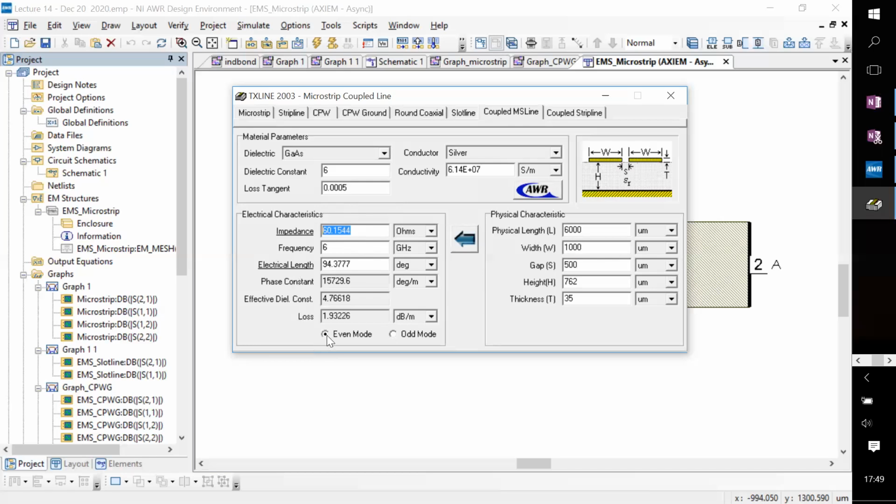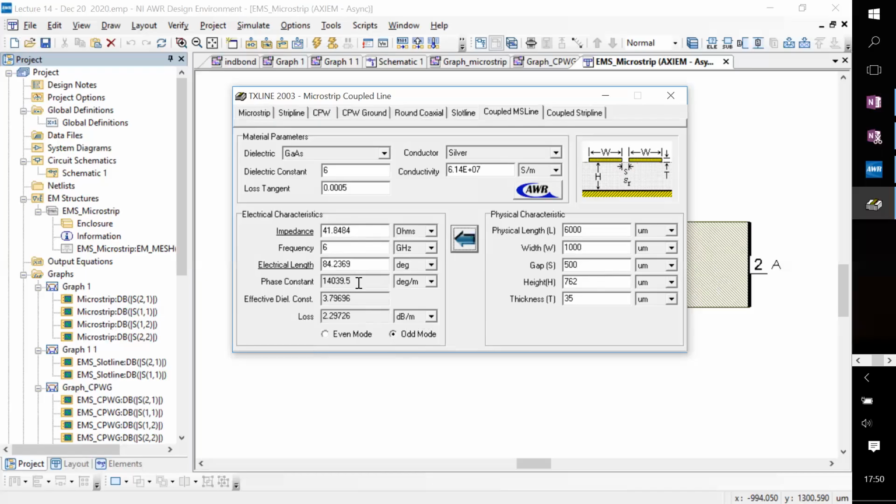There's a factor of 2 which shows up, which will conflict with the intuition when you start setting up the measurement. Okay, so this is 60 ohms. Let's look at the odd mode now, and it's something like 41 ohms for this particular case.